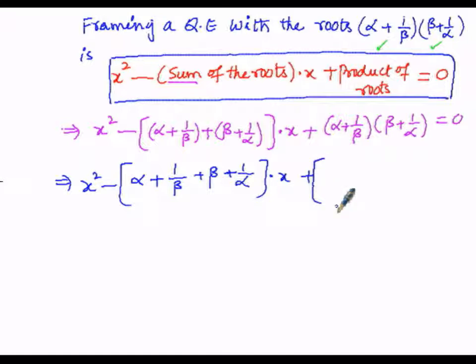First we multiply the entire second bracket with alpha, then the entire second bracket with 1 by beta. So alpha into the second bracket, beta plus 1 by alpha, plus 1 by beta into the second bracket, beta plus 1 by alpha, bracket close, is equal to 0.